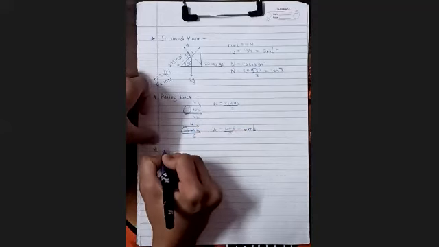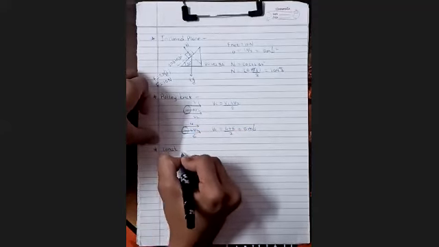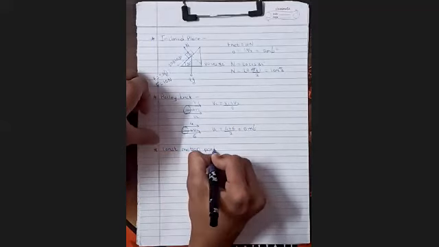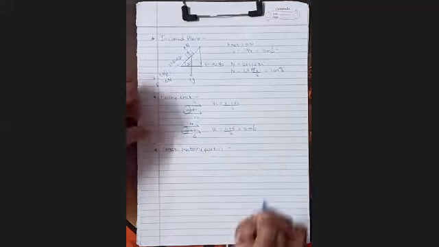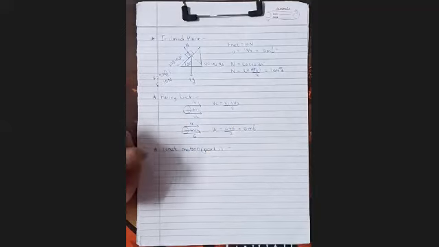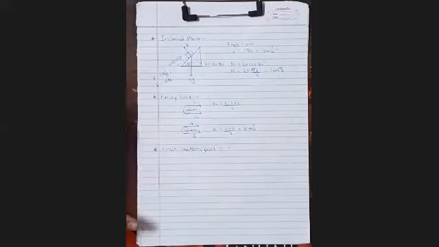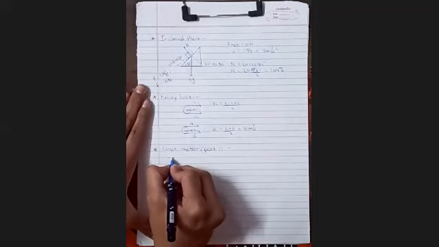Next point is constraint motion part 1. In constraint motion part 1, there is an important point for a moving pulley. If the pulley moves with x, then the string released is 2x. Let's take an example.